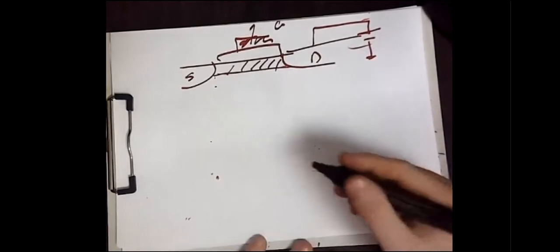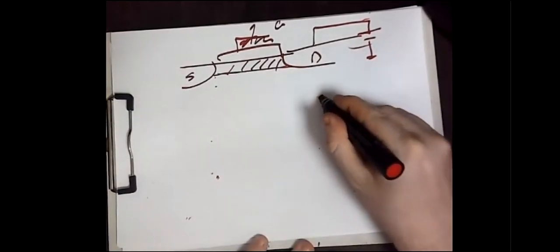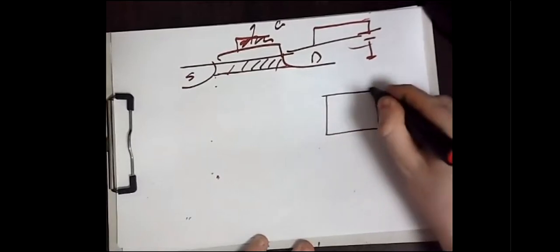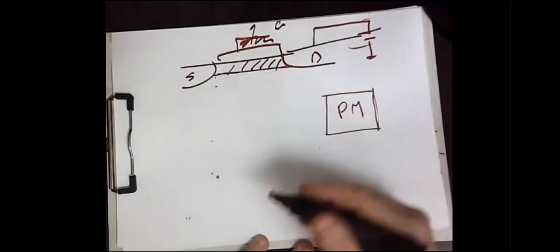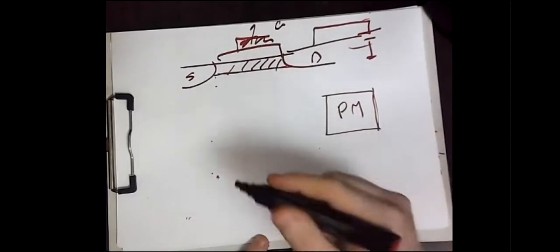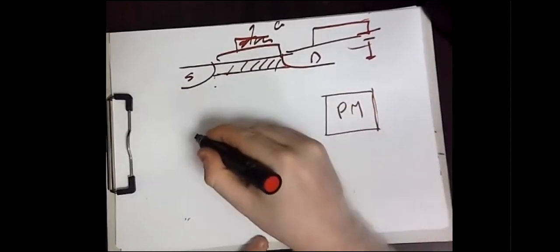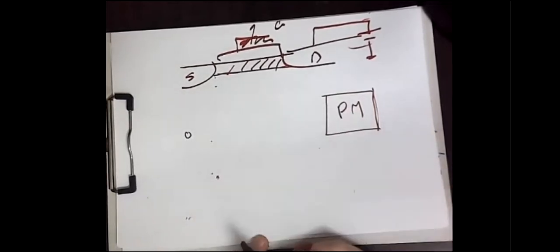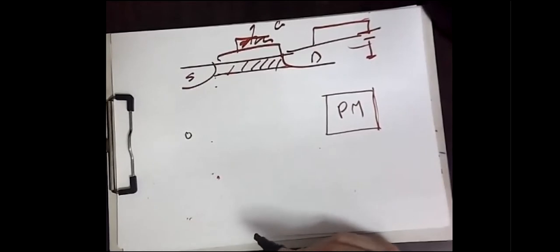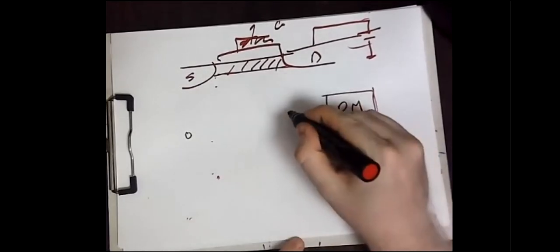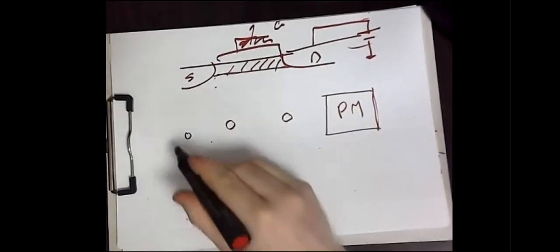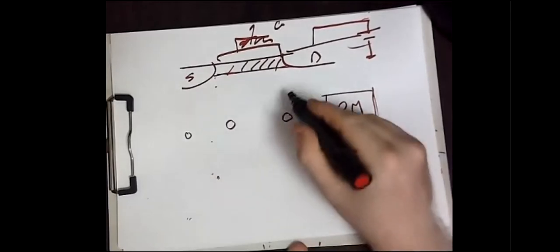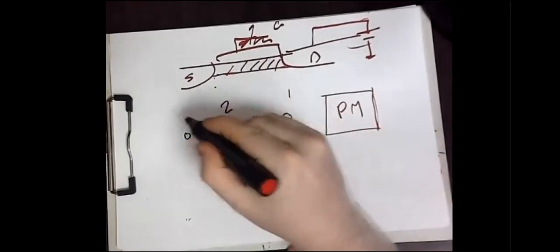So, for example, let's say that you have a piece of a permanent magnet, and you have any type of metal, a very small piece of metal, that can be attracted by the magnet. If I put this piece one time here, one time there, and one time here, this is position number 1, position number 2, and position number 3.